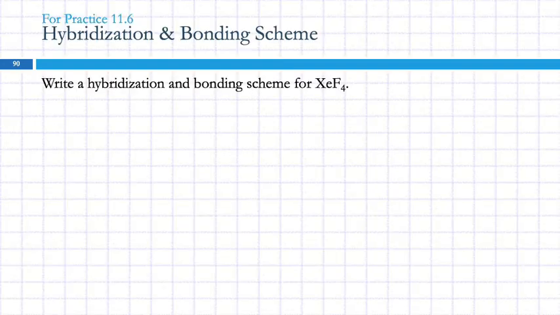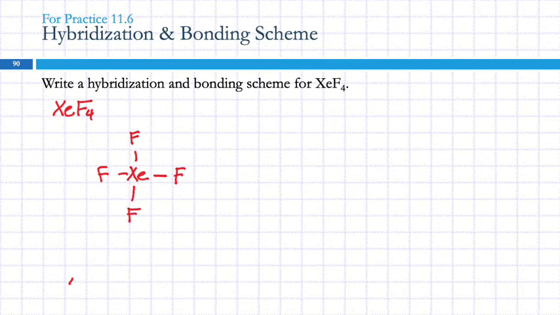Okay, so let's write a hybridization and bonding scheme for xenon tetrafluoride. I'm going to go through this kind of quickly because we've got other things we need to do. XeF4. So we start by making a skeleton, right? And then we're going to count up our valence electrons. We have 4 times 7 plus 8.